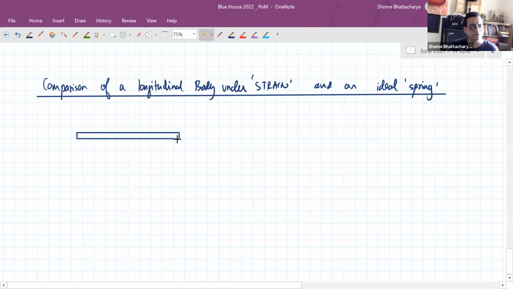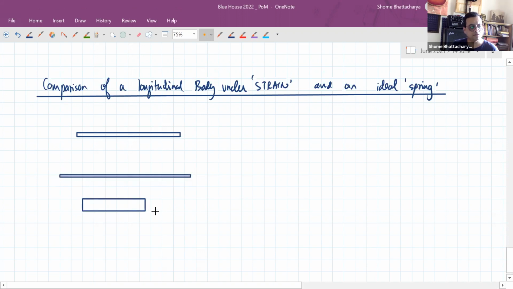So we have this kind of a material, whether we elongate it or we compress it.